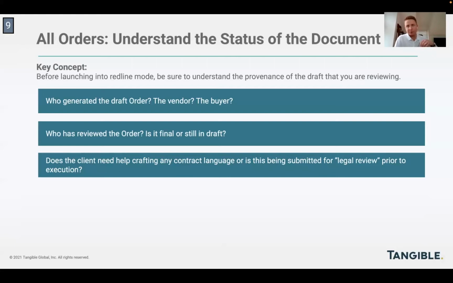Today we're going to list out many important points that should be confirmed and checked off, but how you go about extending that guidance to your client is really going to be dictated by the status of this order. So if your client and the seller have spent many months negotiating the business terms of the deal, you'll want to take that into account before you go in and start changing a bunch of the commercial terms.